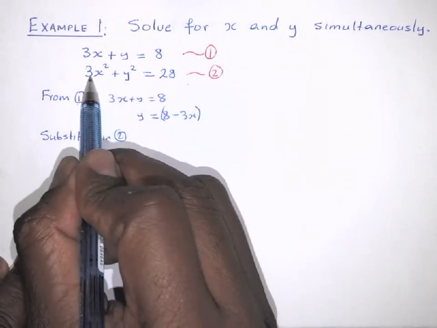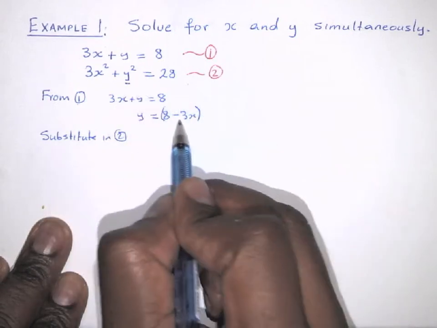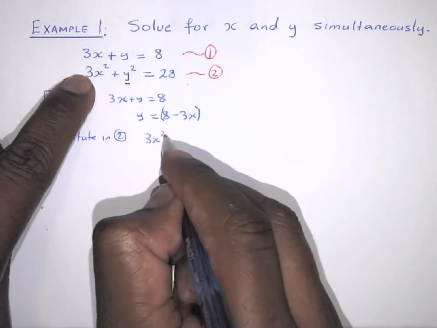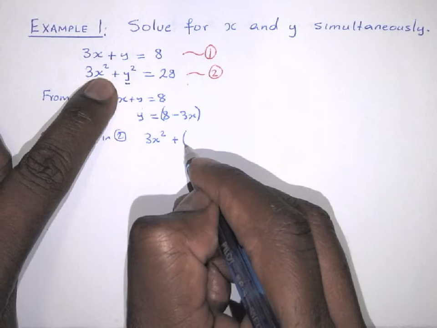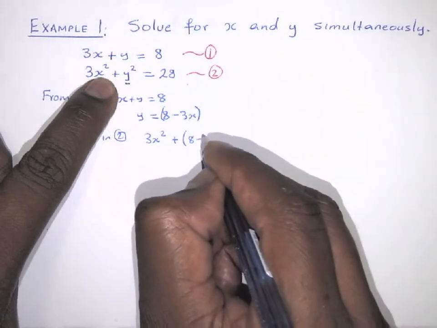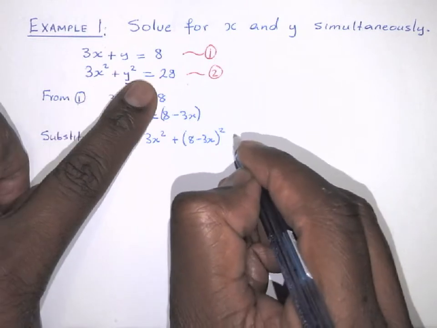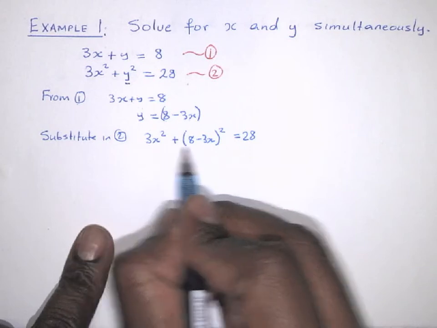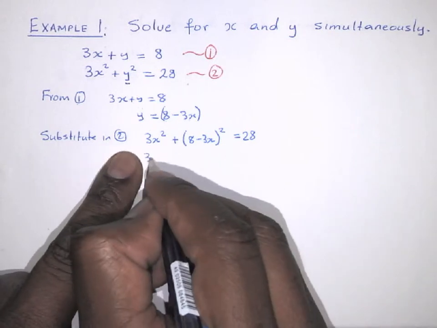See, in the second equation, there is the y. Where there is y, we'll place this. So therefore, now I've got 3x squared plus, remember when you substitute, we put the brackets all the time, so it's (8 minus 3x) in brackets, squared, equal to 28. Now we can simplify here. If you look at this equation now, it's got only one variable. So I've got 3x squared.